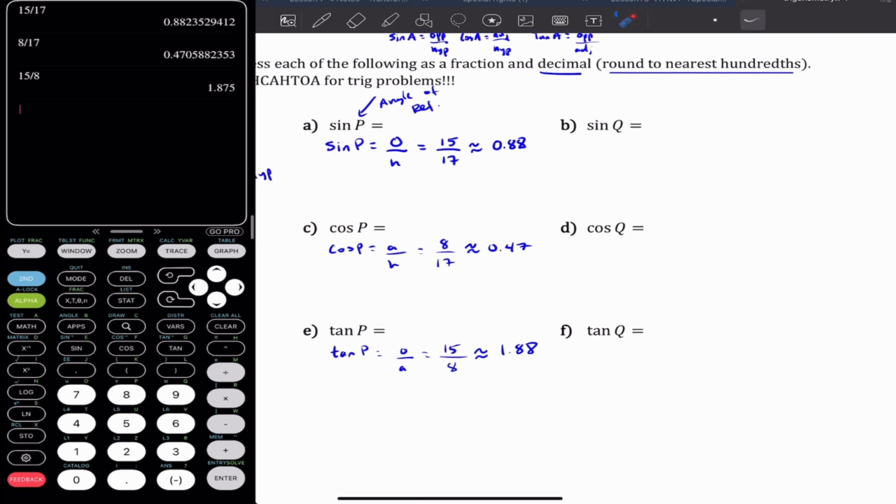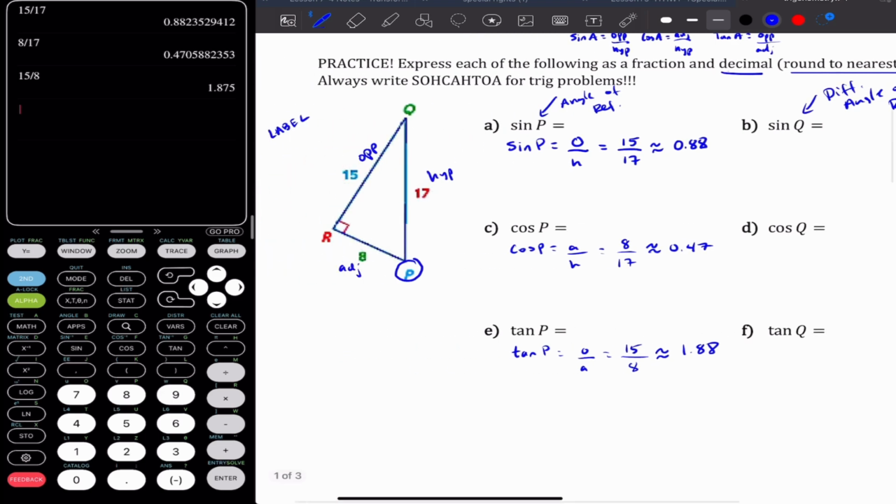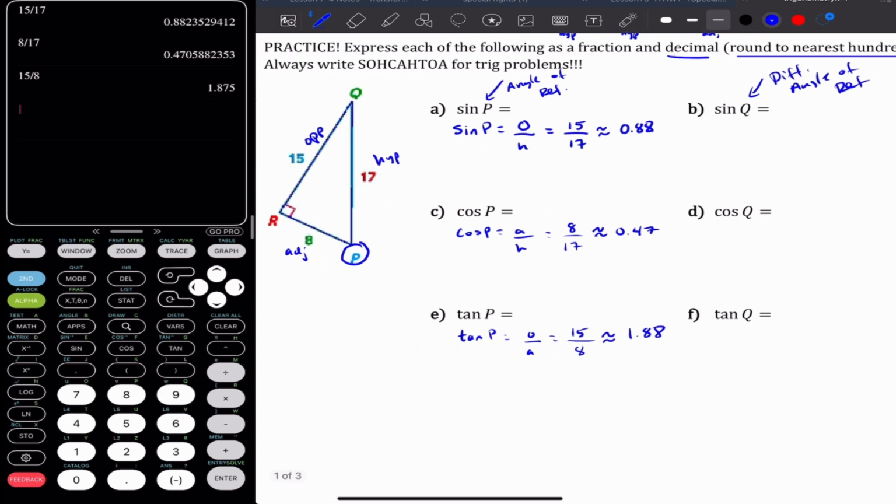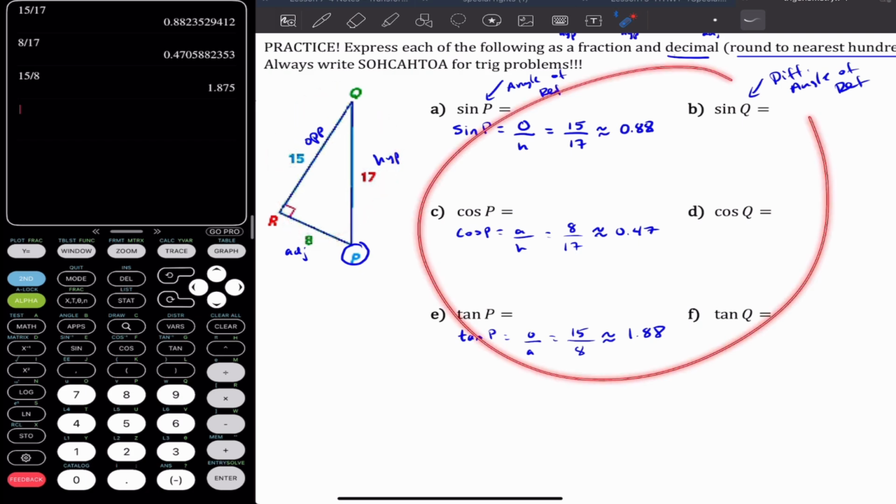Now we are using a different angle of reference. On your paper, and also in my PDF, we have only one triangle, and they share all of these problems here.